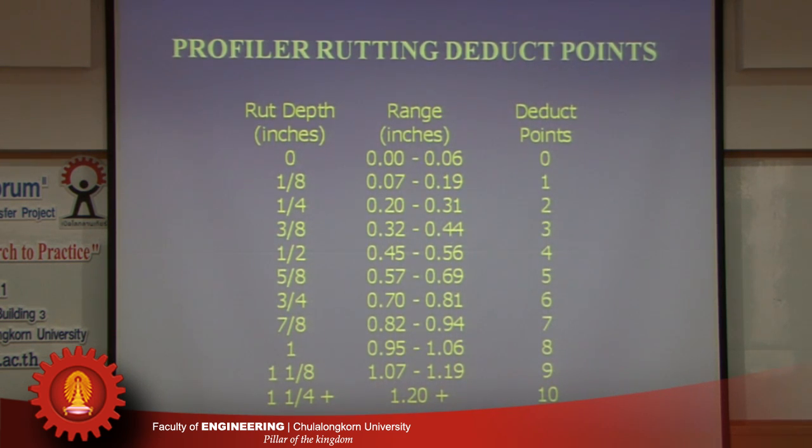You subtract the 4 from 10, so you have a rut rating of 6. As I pointed out earlier, for interstate highways, 6 or above is considered acceptable. Anything under 6 is not acceptable.